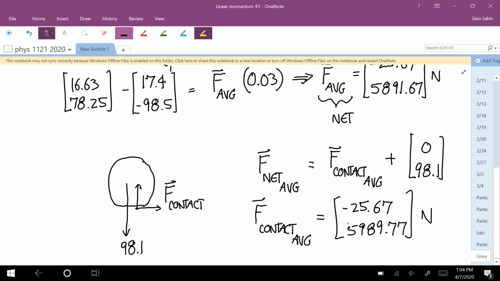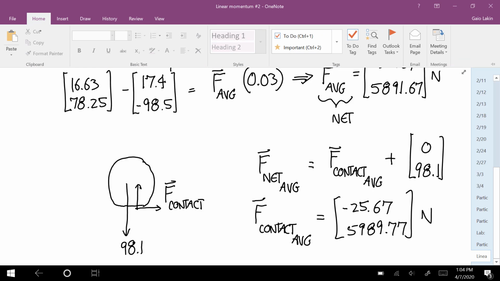It often is the case that the shorter the duration of the collision, the less important it is to separate out individual things. You can just think of that collision as being almost all of the net force. So that's the solution to conservation of linear momentum number 2.